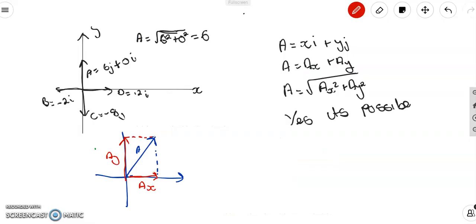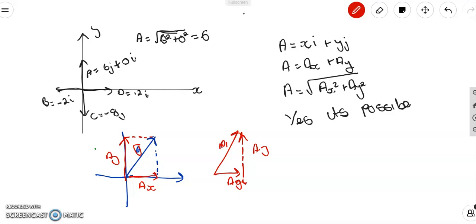As you can see, it can't happen. This arrow here indicates the magnitude of A, the magnitude of the vector. And this line here is the x component of the vector. This is the y component of the vector. So if I draw this on the side, you can see that this is the magnitude of my vector A. And then if I take this ay and draw it this side, this is my ay, and this is my ax.